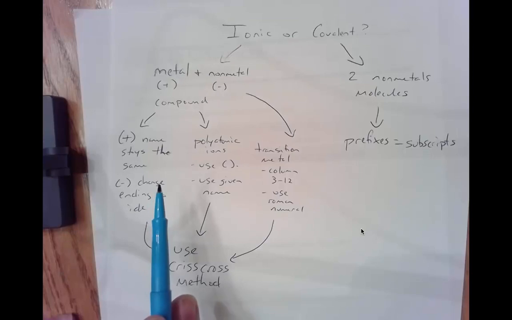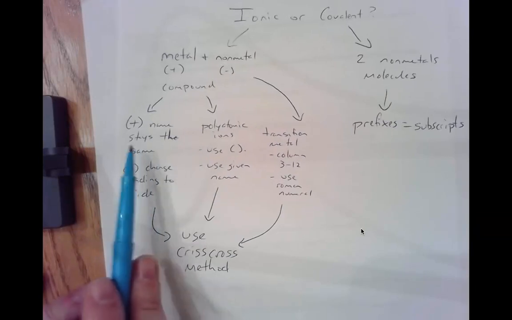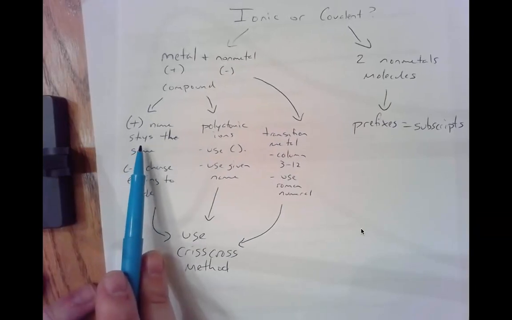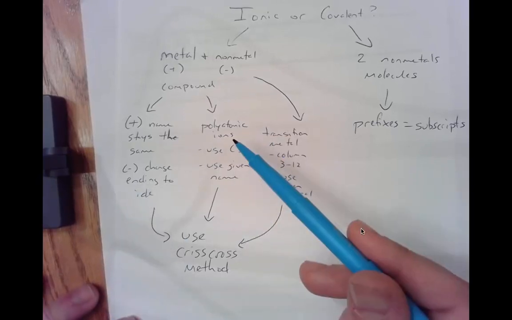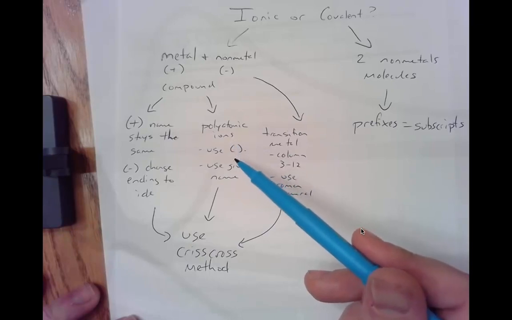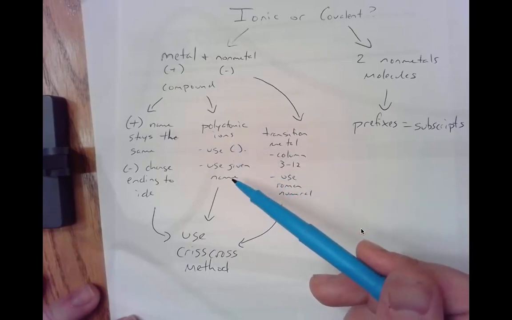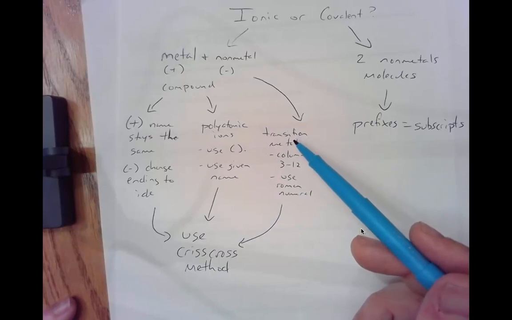In ionic, we have to determine what we have present and then follow the appropriate rules. In an ionic compound, you can have a positive ion, and the name stays the same. You can have a negative ion from the periodic table, and that ending just turns to "ide." You can have a polyatomic ion, which we'll use inside of parentheses, and we just use the given name on the list on the back of the periodic table that I handed out. Then we also can have a transition metal.